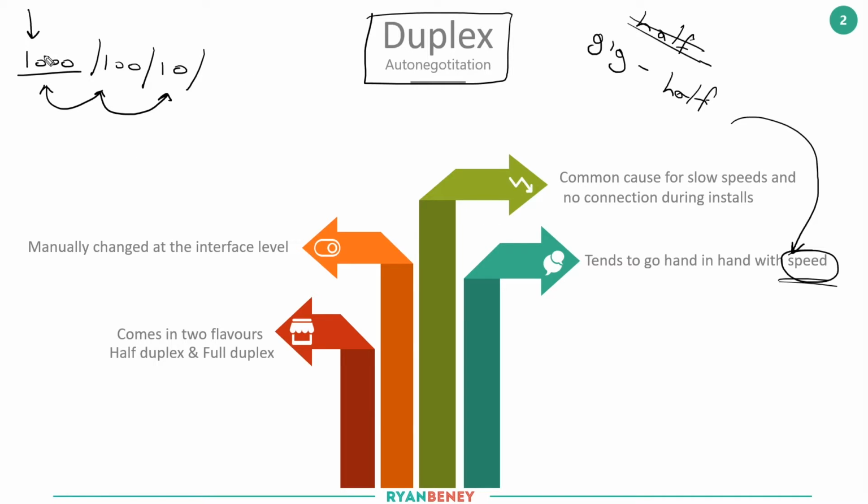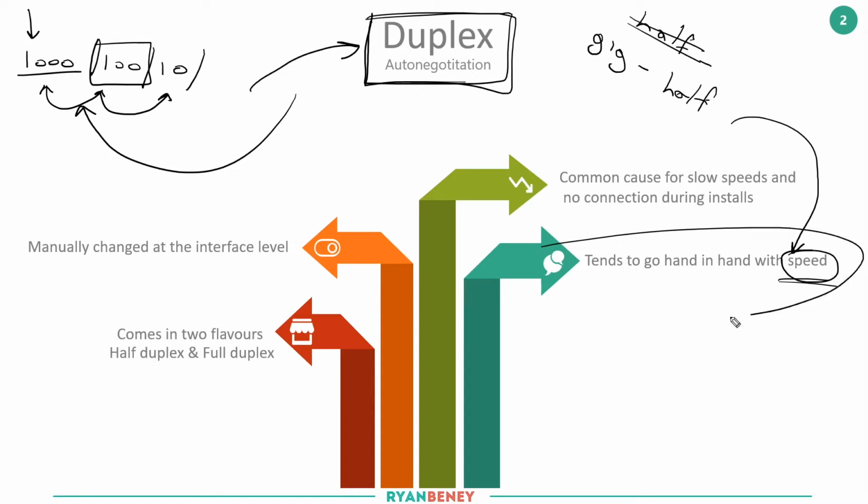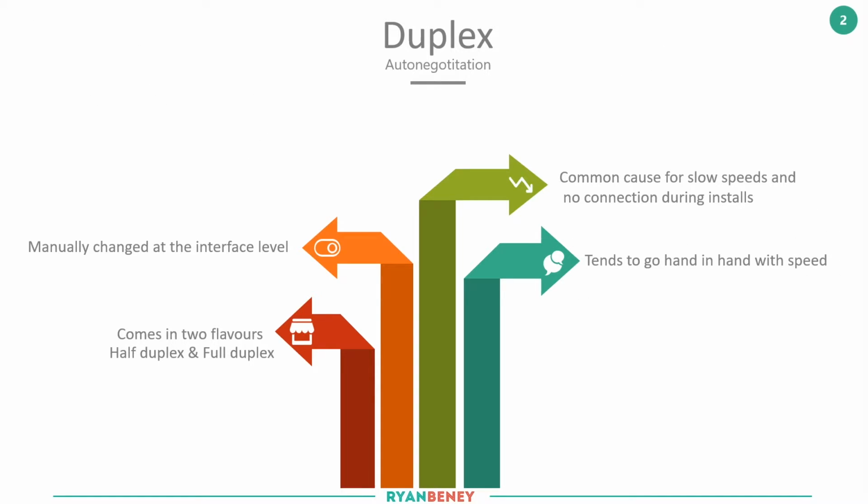But if you wanted to specifically set, let's say, the speed at 100, then sometimes it requires the duplex to also be set. Or when you set the duplex to full, it also requires you to set the speed. So they tend to go hand in hand. And of course, in most scenarios, we want to ensure that we're aware of the maximum speed that the switch port can obtain and the correct duplex.